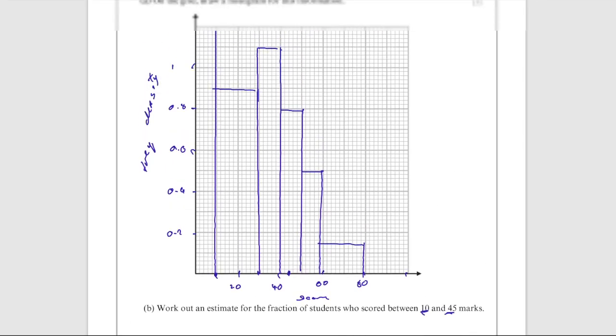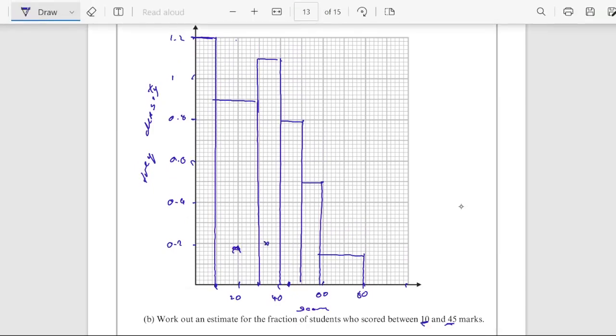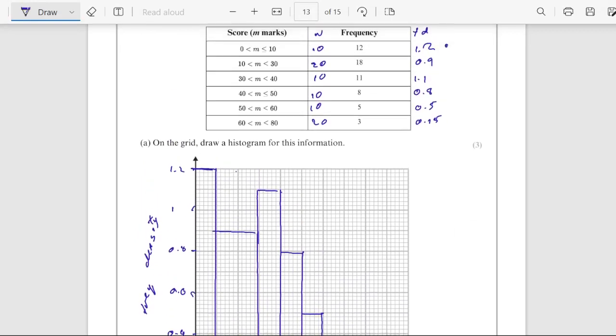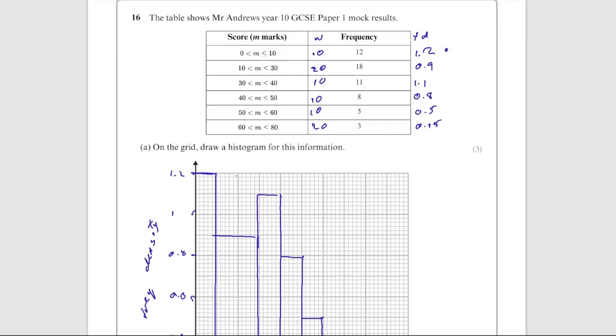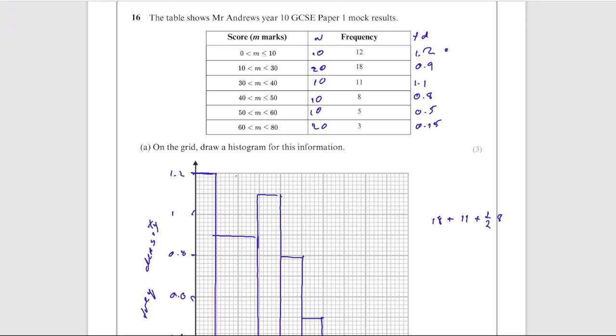Okay, so if I go back to this, I want all of this group, and then half of this group. So in effect, that is 18 plus 11 plus half of 8.